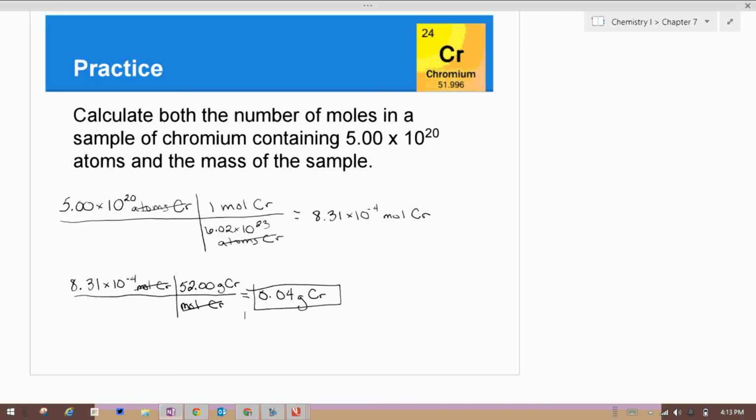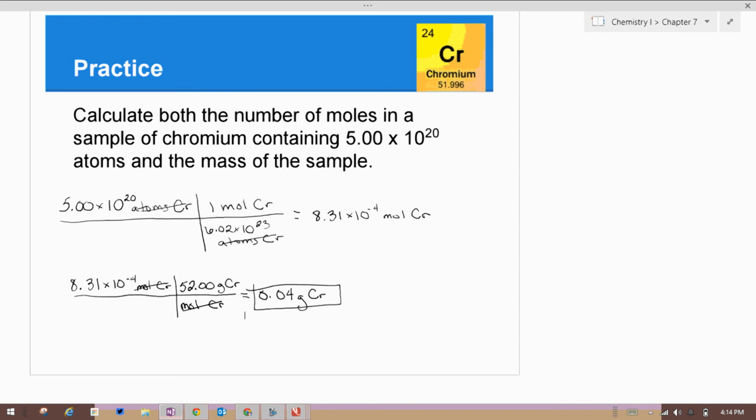For the second problem, you split it up into 2 like we did with that one example, and in the first one you are going to take the number of atoms that they gave you and divide it by the 6.02 times 10 to the 23rd.